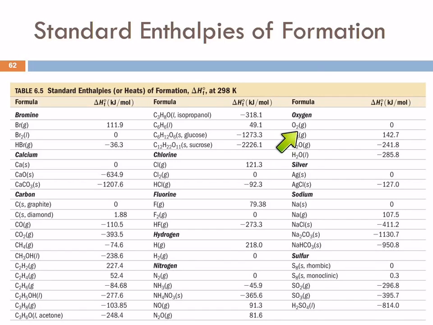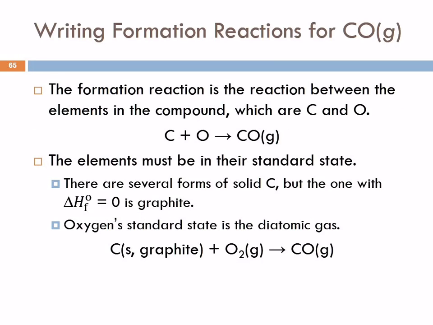Here we go, oxygen. So the standard state for oxygen is given here. We identify it because it's got the 0. O2. So the standard state is O2. So I've identified the elements that are needed to form this. Then I need to balance this, but I need to do so in a way that this coefficient stays 1.